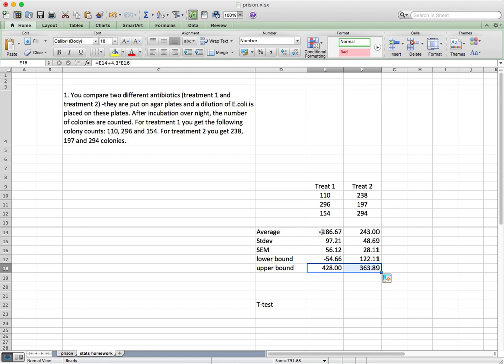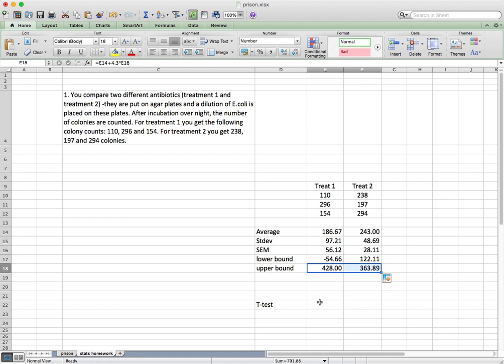So we have basically all the information that we need. Our confidence interval for treatment 1 goes from minus 54.6 to 428. That's the upper bound. And for treatment 2, it goes from 122 to 364. Now, what we want to do next is a comparison between the two data sets.